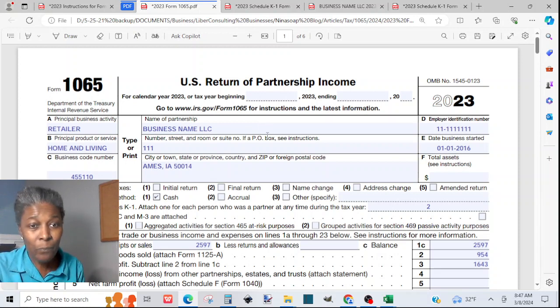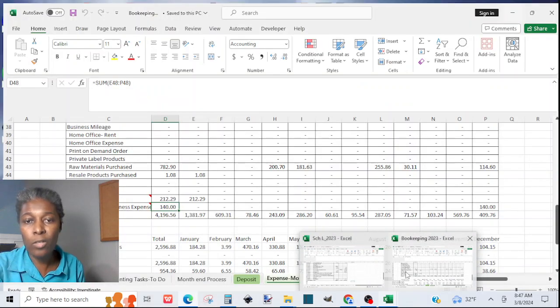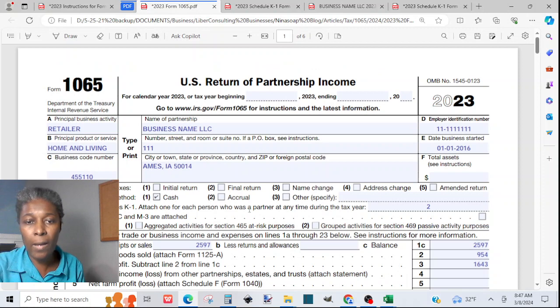It takes time to do that, but at the same time, if your business is young, it allows you to know how to track your financial data in a way that you'll be able to file the return accurately. And when you hire somebody to file it for you, you will be able to provide the right data for the person to work with.